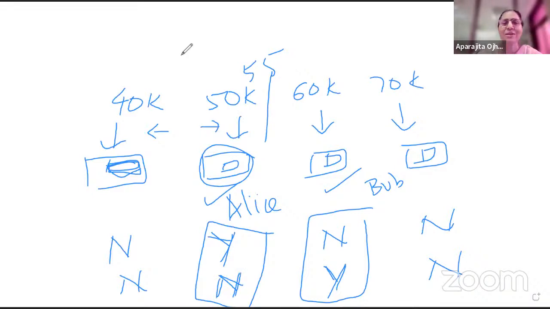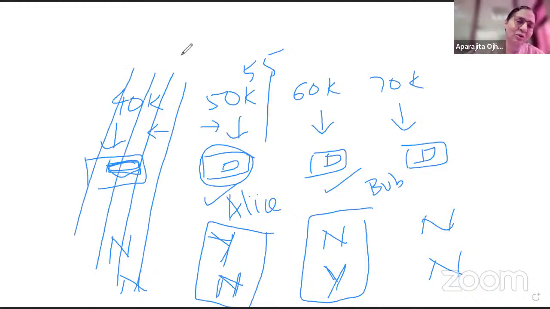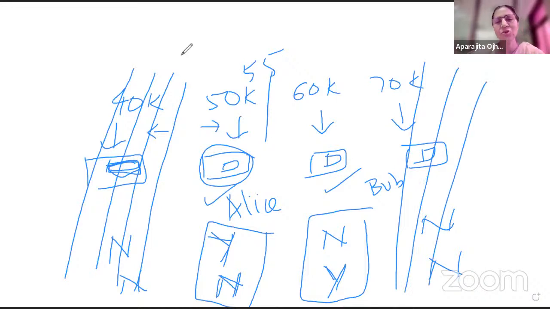So what will happen in that case? I purposely put here 4 boxes. If I write here in these 2 boxes only, what will happen? The moment Bob opens and sees no, he knows that he is richer than Alice.